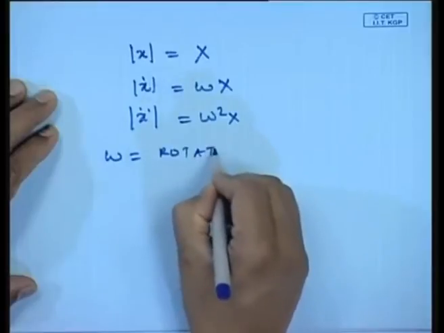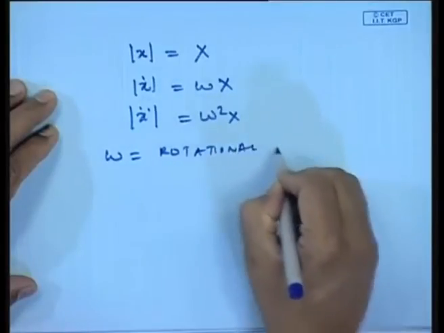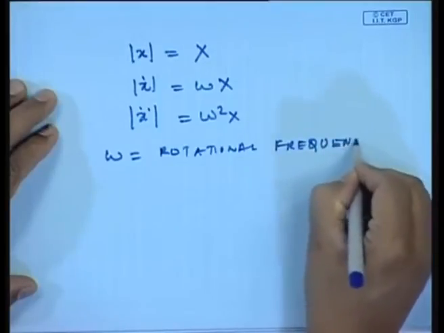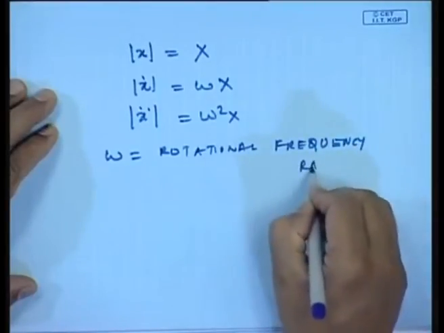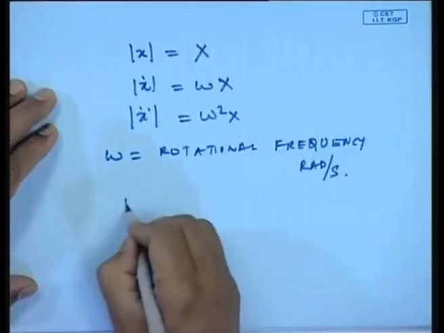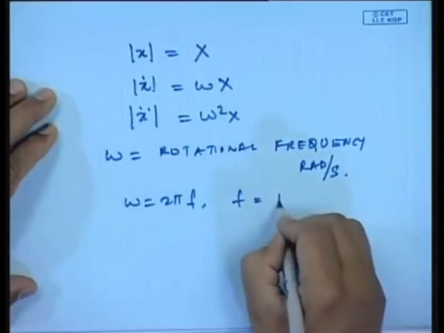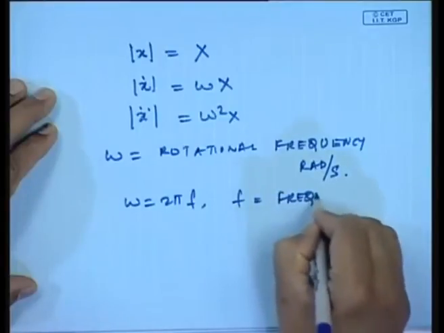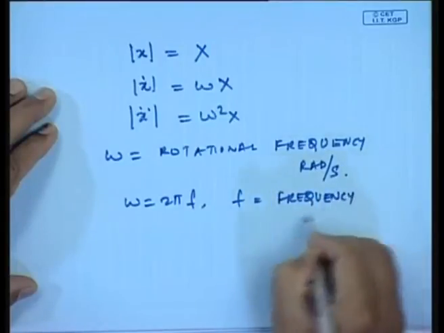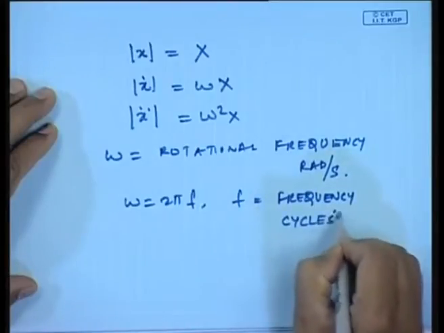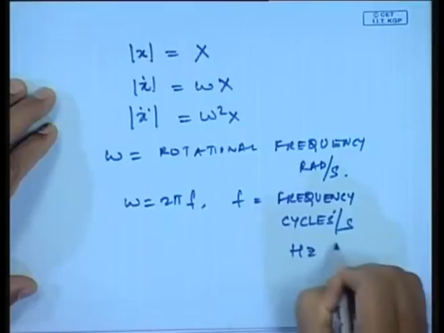rotational frequency in radians per second, where omega is equal to 2 pi f, f is the frequency given either in cycles per second or in hertz.